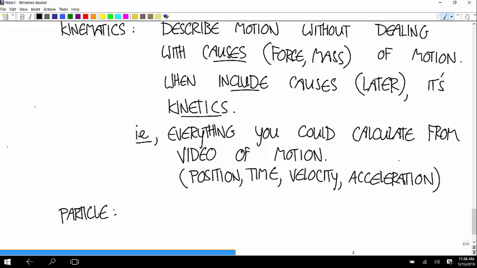So what is it that makes something a particle? Well, a thing itself is never a particle. Remember that treating something as a particle is a choice we make. The thing isn't that way itself.